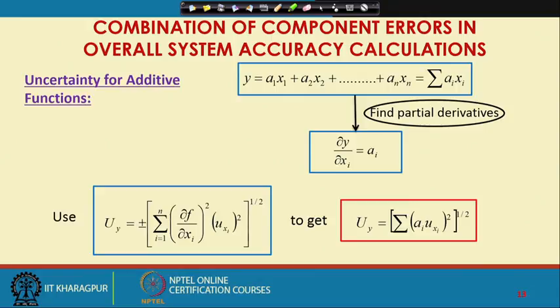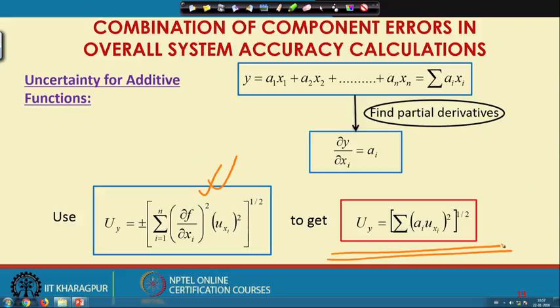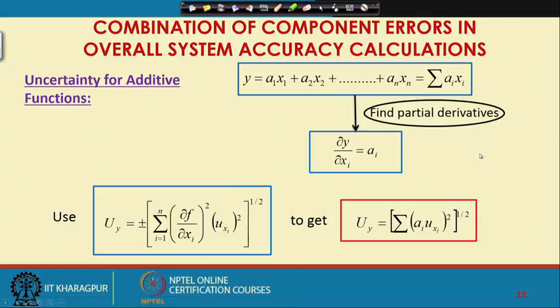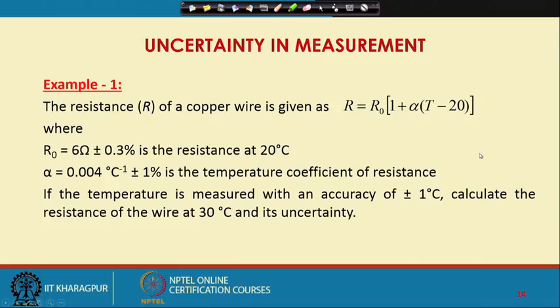After finding partial derivatives, you straight away make use of this relation to get overall uncertainty as this. Now, to make the concept more clear, we will take two numerical problems.